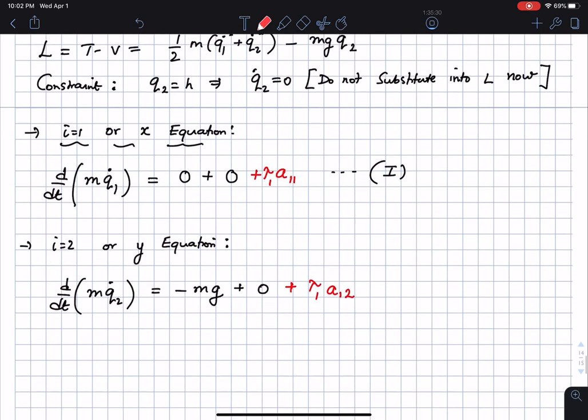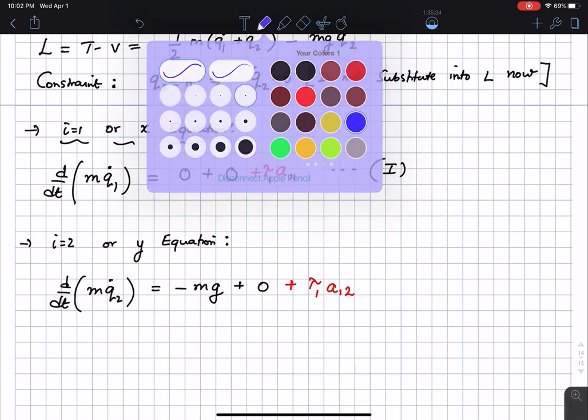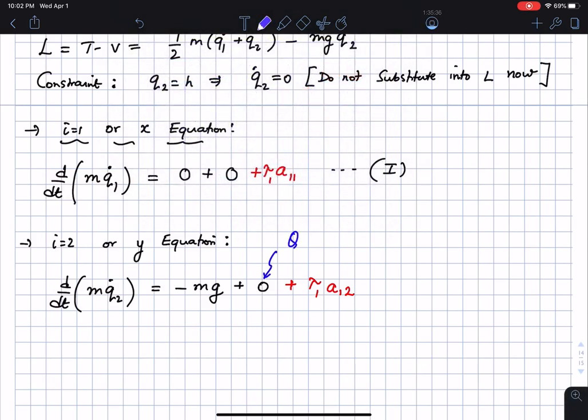This is the term for q2 nc, this is q1 nc, and this is equation 2 for me.